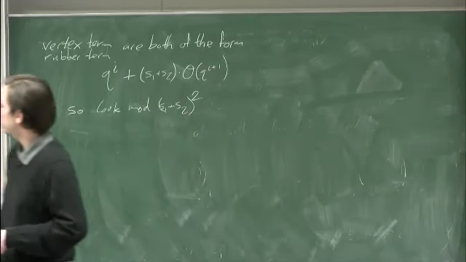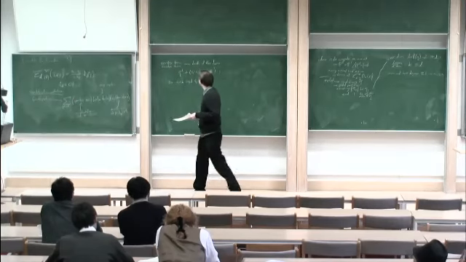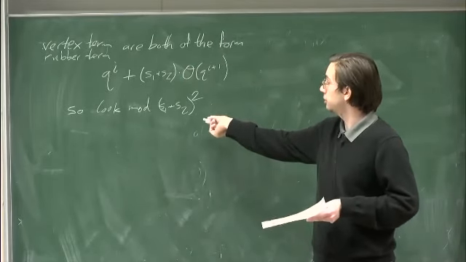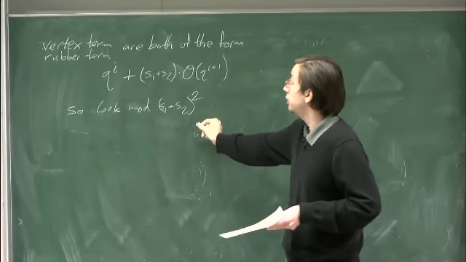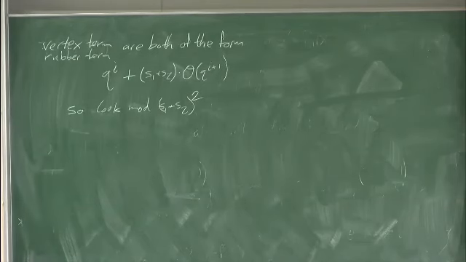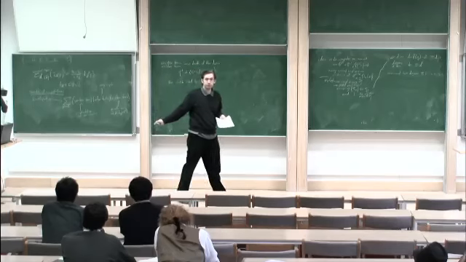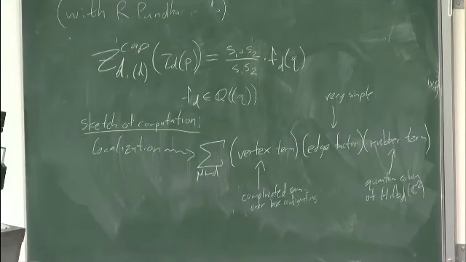Because we know how the answer depends on S1 and S2, that's not losing any information. But because most of the terms you're getting from the vertex and from the rubber are divisible by S1 plus S2, this creates massive simplifications, allowing one to actually explicitly compute this.